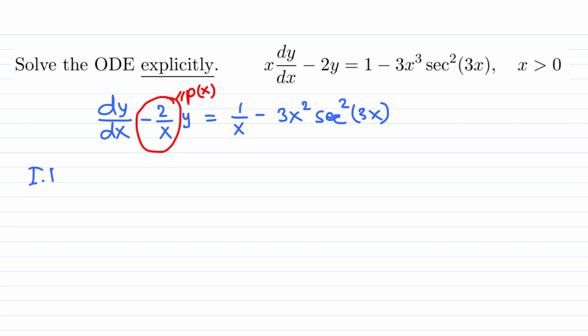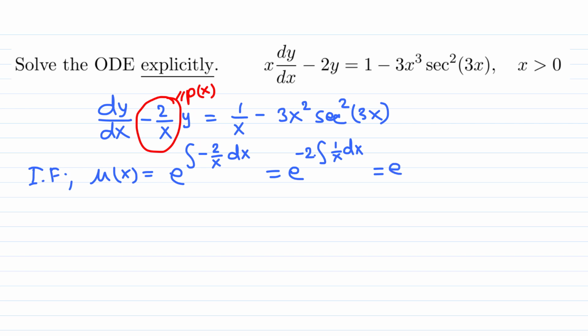And this p(x) will help us find the integrating factor. So the integrating factor as a function of x is e raised to the integral of whatever that function is, so negative 2 over x dx in our case. That is e raised to negative 2, and let's integrate this. Negative 2 can be pulled outside, so 1 over x dx. The antiderivative of 1 over x is natural log of absolute x.